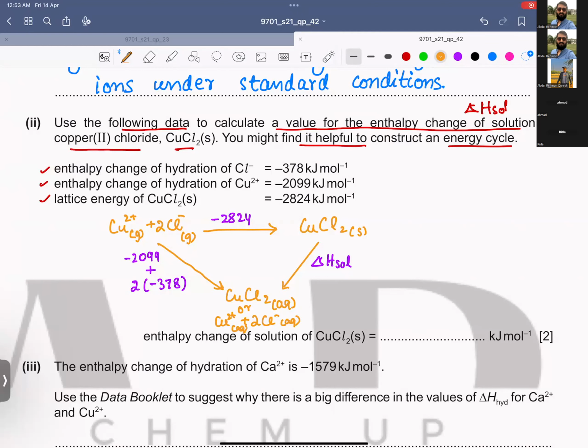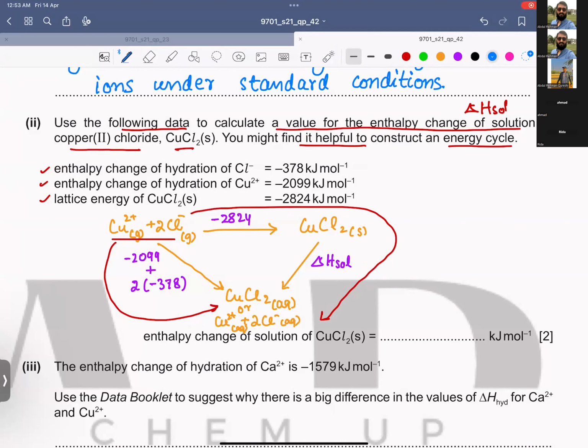Yes sir. Okay, so if we look at this equation, this is the starting point, and from this, by enthalpy change of hydration, we are getting this in a single step. Otherwise, by lattice energy and then enthalpy change of solution, we are again forming these two in two steps.